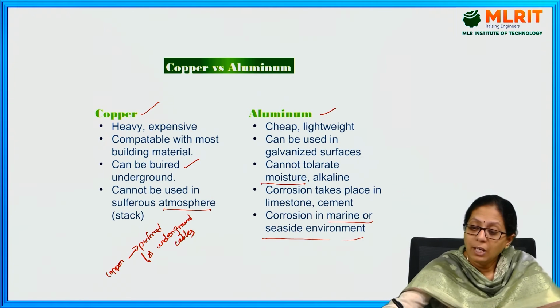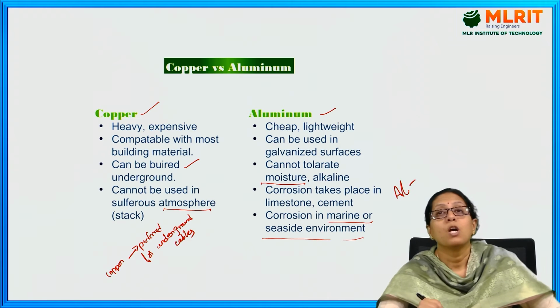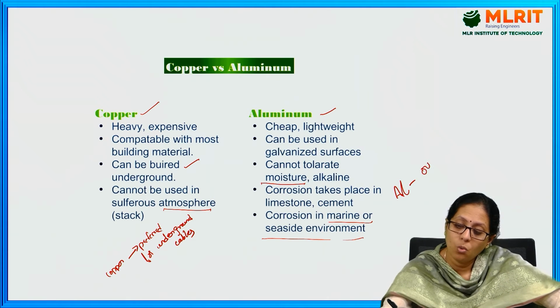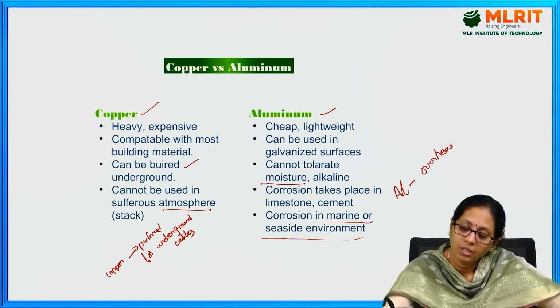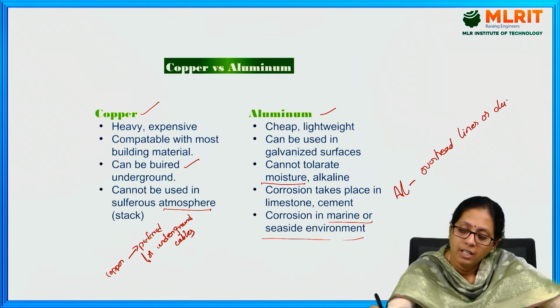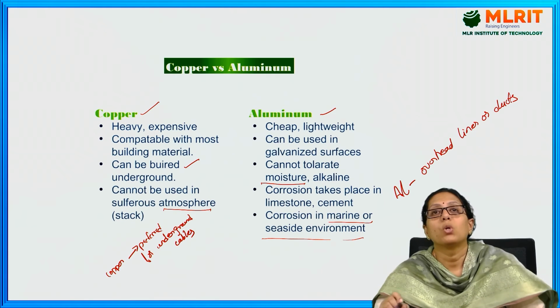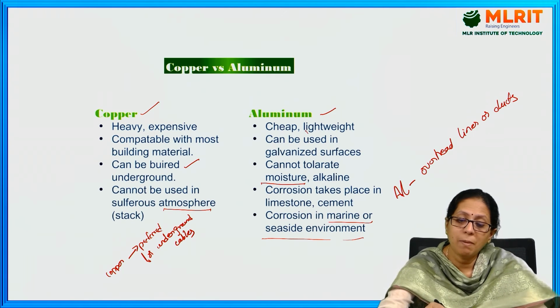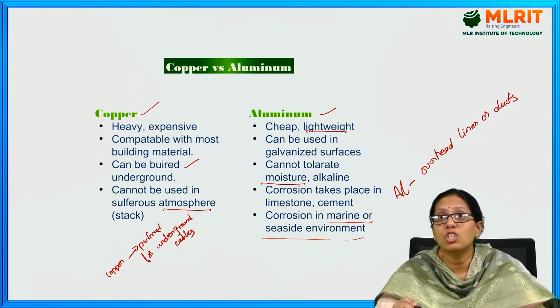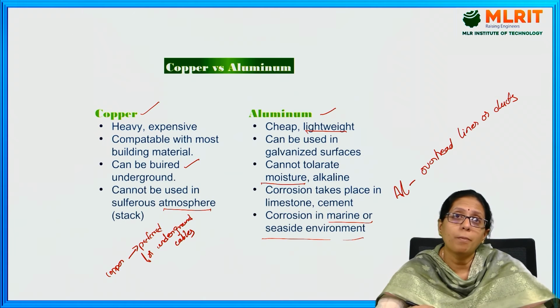And aluminium is mostly preferred in overhead lines or in ducts. Aluminium is cheap and lightweight, so it can be used in overhead lines as well as in ducts, and copper is used in underground cables.